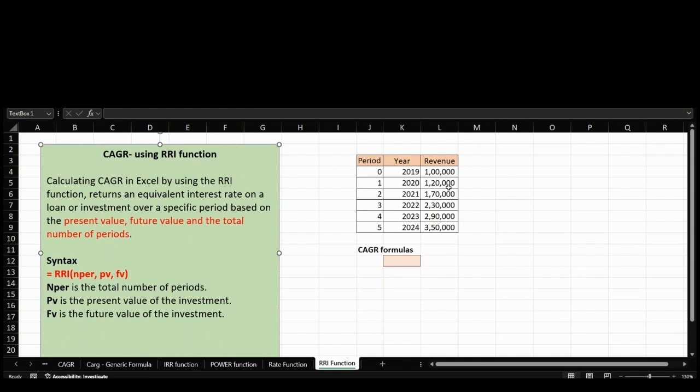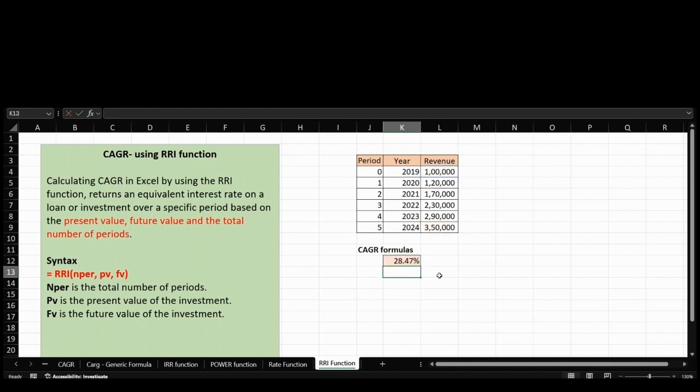Okay, now let's see an example. Here we have taken the same example. Now we'll apply the formula. So is equal to RRI function, inside the bracket NPER, which is the number of years, N, and then PV is present value, and FV is ending value.